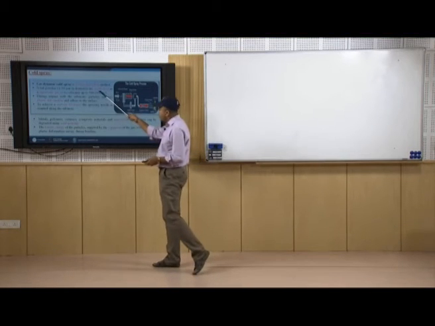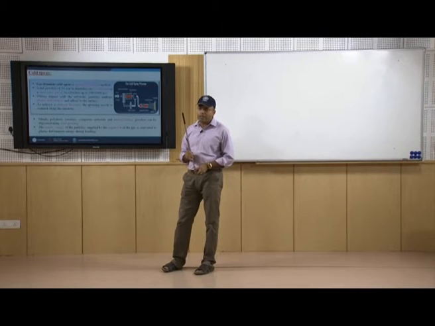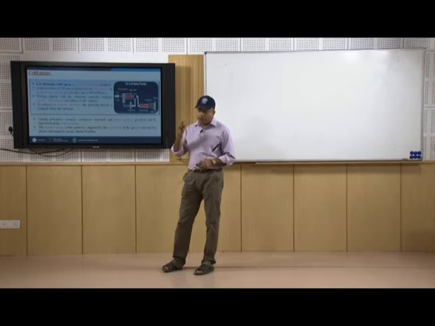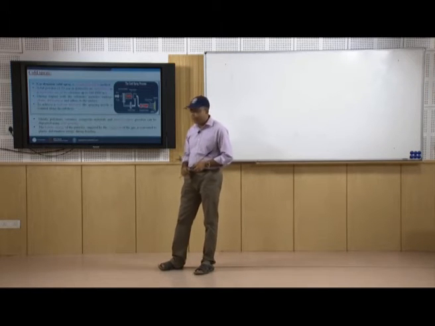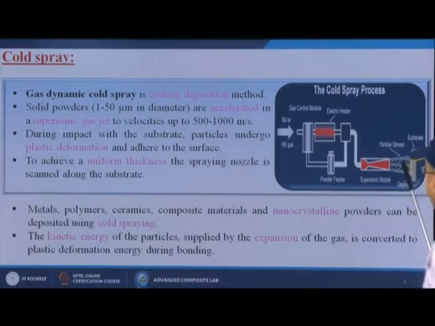This velocity depends upon whether the substrate can sustain that much velocity or not. So we are throwing a wide range of particles onto the substrate material at very high velocity, depending upon the substrate's physical and chemical properties, and then these solid powders stick onto the substrate itself.